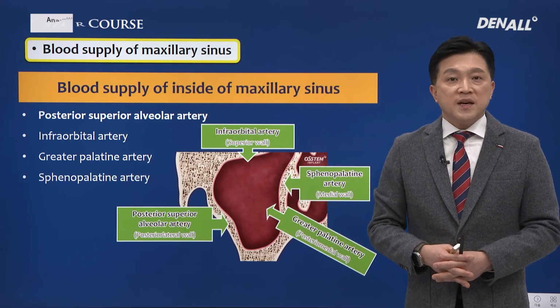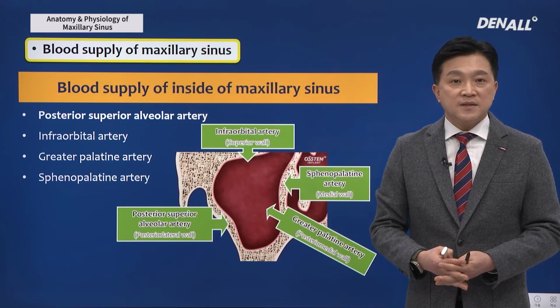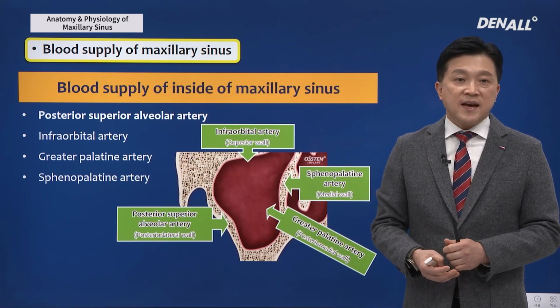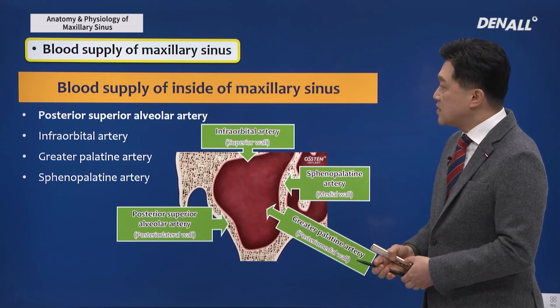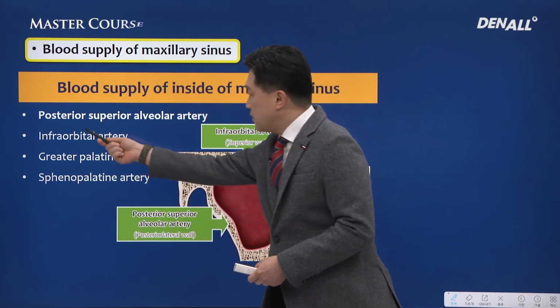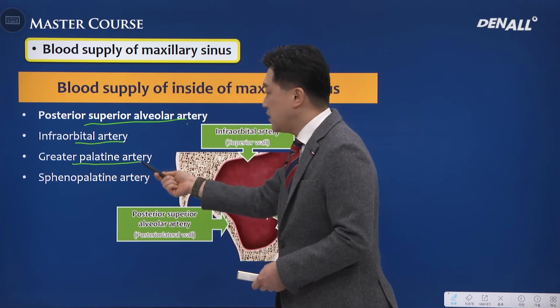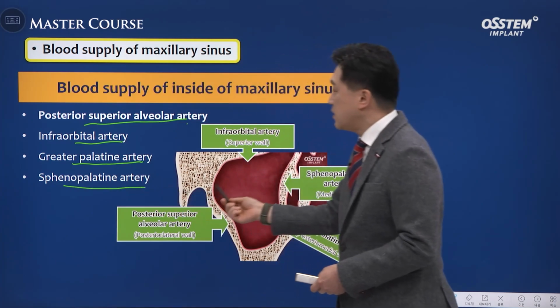We've talked about the anatomy of sinus. Next, let's look at the blood supply of sinus. The primary blood supply of maxillary sinus comes from posterior superior alveolar artery, followed by infraorbital artery, greater palatine artery, and sphenopalatine artery.